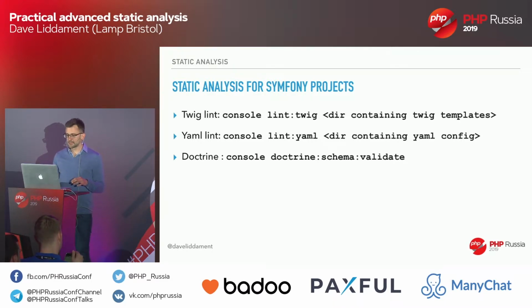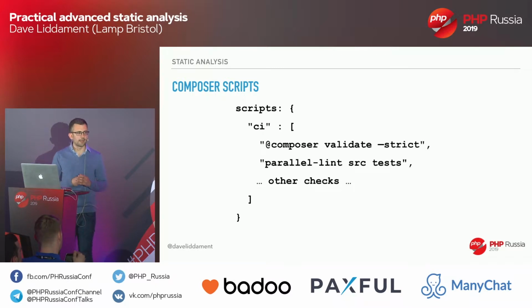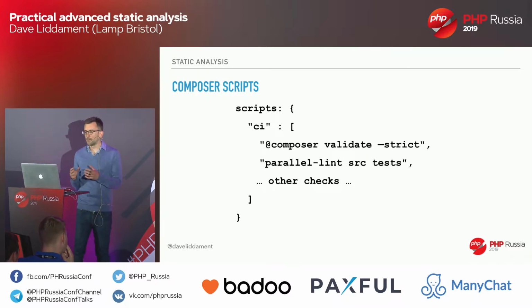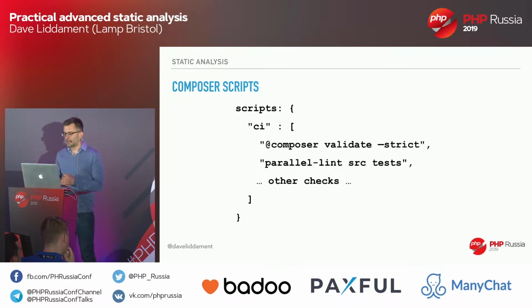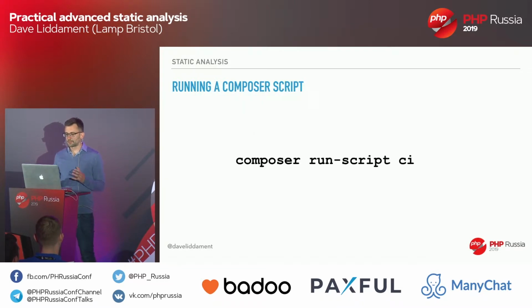So my starting point, if I want to make sure these get run in CI, is that one way we can do it is using composer scripts. You can just add to your composer JSON a part called scripts, and within that I have something called CI, and that runs all of the individual parts of my CI, all the individual static analysis tools. And that means there's just a single script that I run, and as I add in more tools, I don't have to change anything.